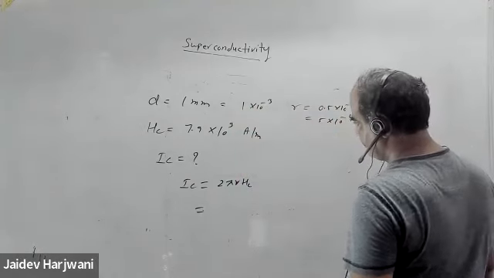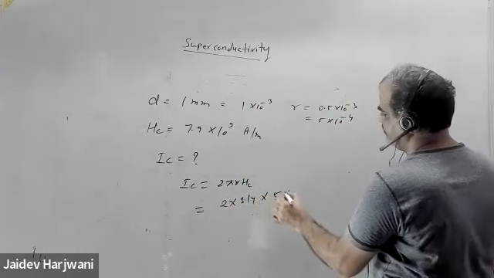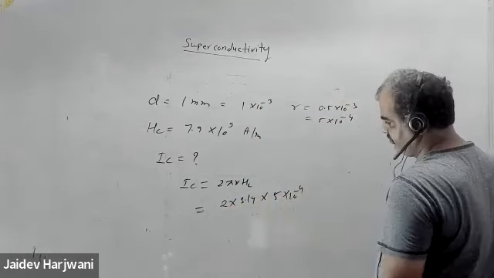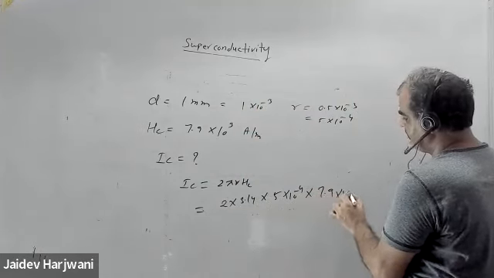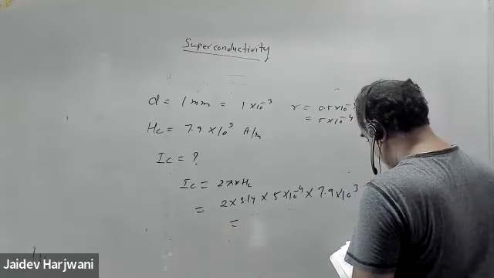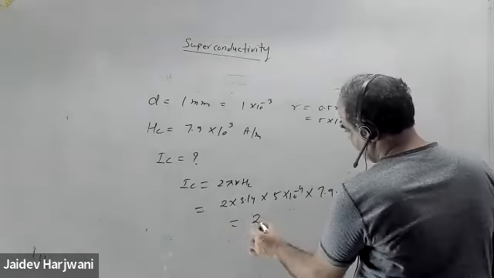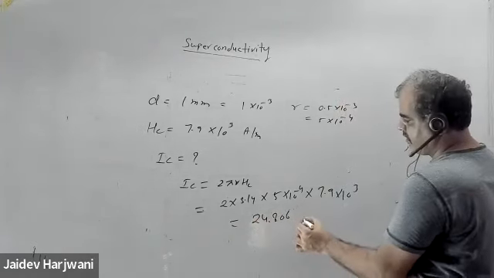So if you solve this one, 2 into 3.14 into 5 into 10 to the power -4, HC is 7.9 into 10 to the power 3. This should give you value 24.806 amperes.